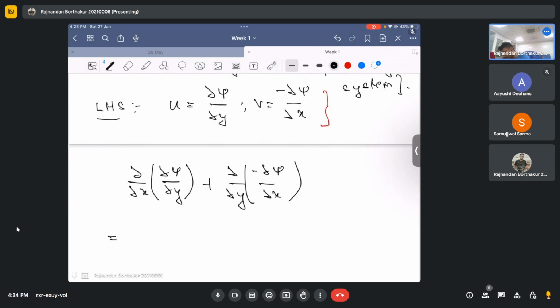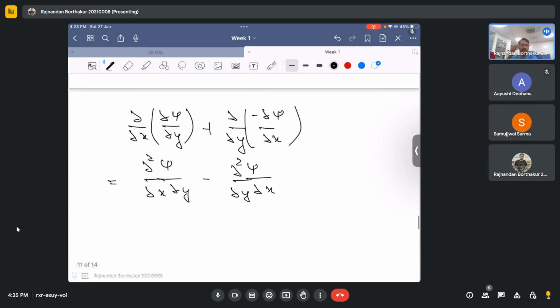So this term simplifies to del square psi by del x del y minus del square psi by del y del x. And if psi has a continuous second derivative, then you can interchange the order of differentiation, so it is del square psi by del x del y minus del square psi by del x del y, and this is nothing but equal to 0, which is basically the right hand side.